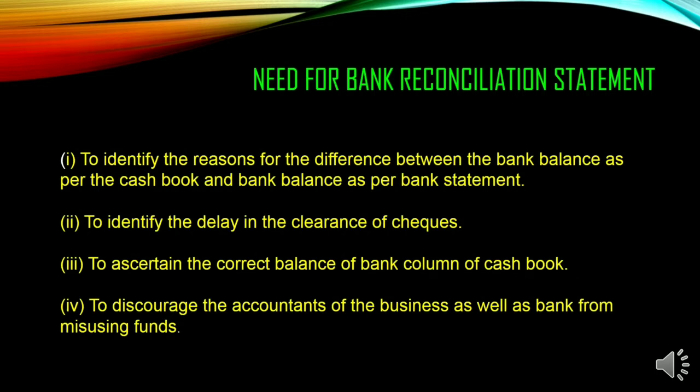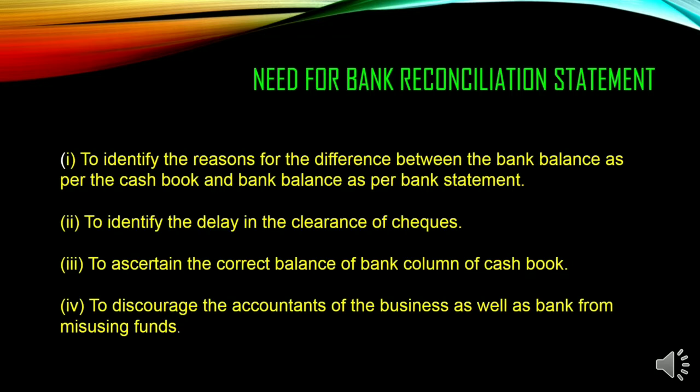Next, to identify delays in clearance of checks. When I am paying or receiving a check, I won't deposit it in the bank the next day, because a check has a validity of 3 months. So I can deposit it within the 3 months, and there will be a difference over here.